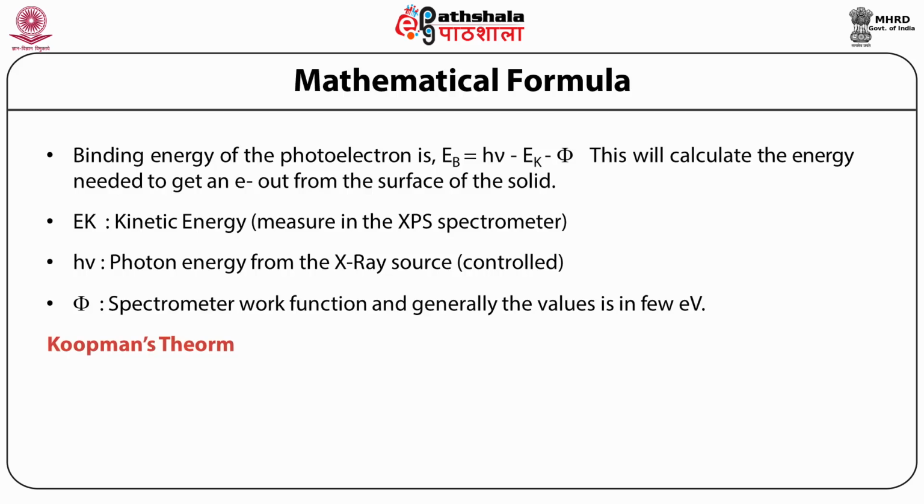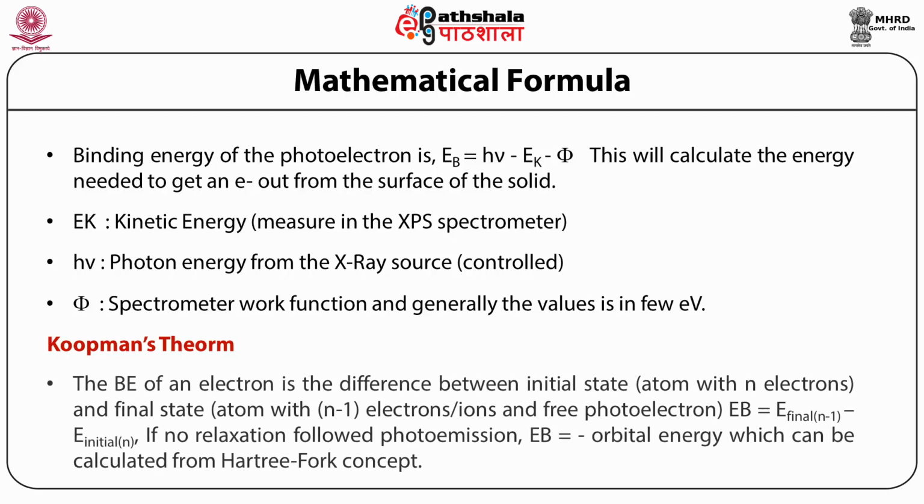Now, Koopmans has given a theorem that reads: the binding energy of an electron is simply the difference between the initial state, that is the atom with n electrons, and the final state, with the atom that has n-1 electrons and a free photoelectron.